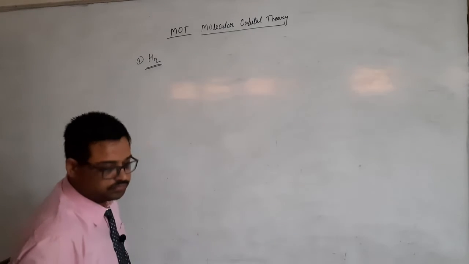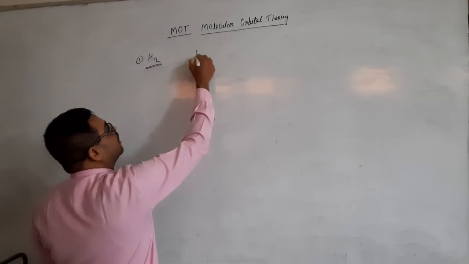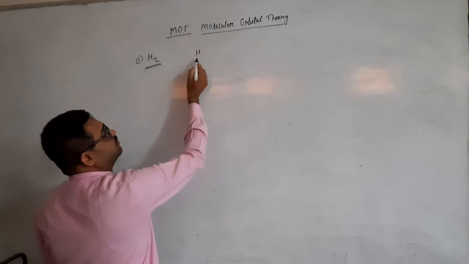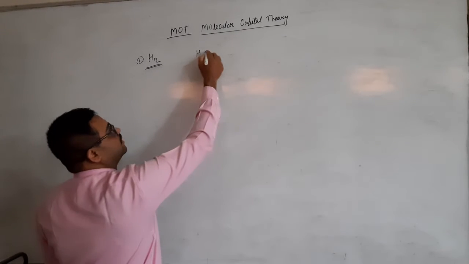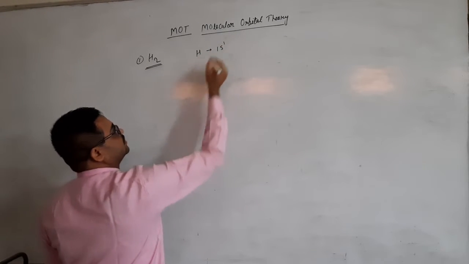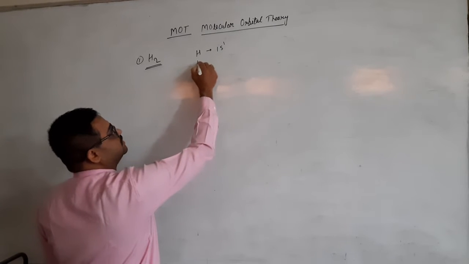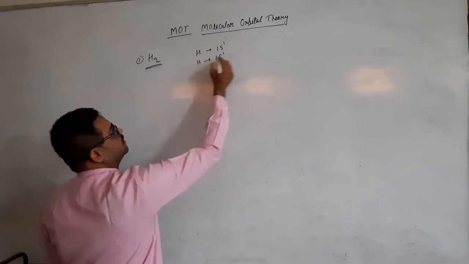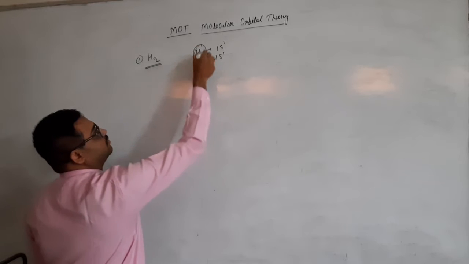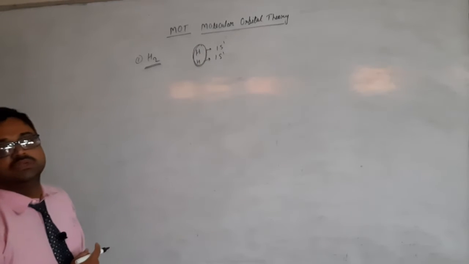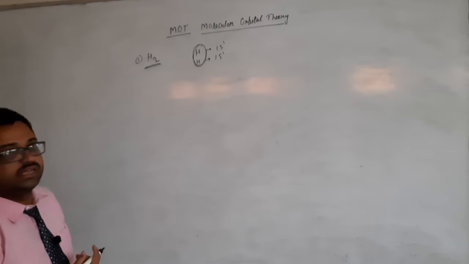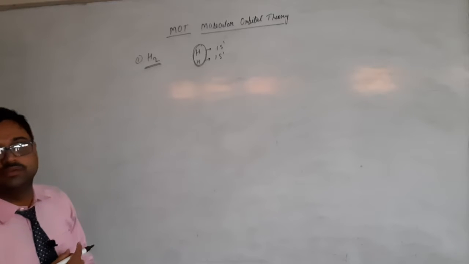As you know, the hydrogen atom, I am talking about the atom, has electronic configuration 1s1. So if I mix these two atomic orbitals of these two hydrogens, then I can get this H2 molecule.